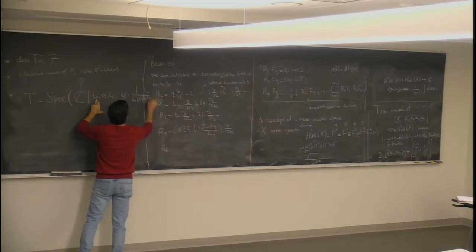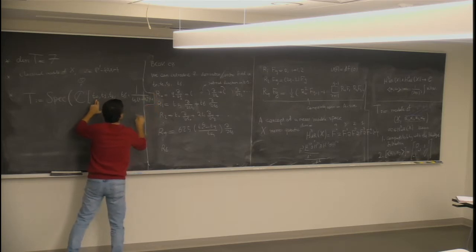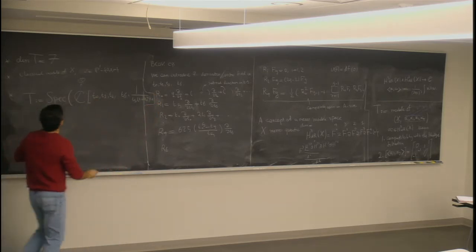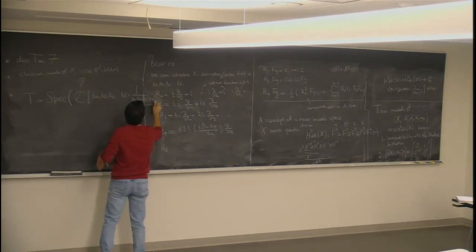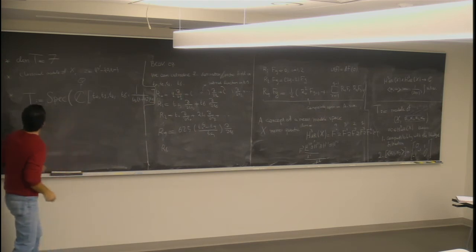Originally, I invented this T in this way: the first step is to construct the moduli space, and then I have to say something about this discriminant.